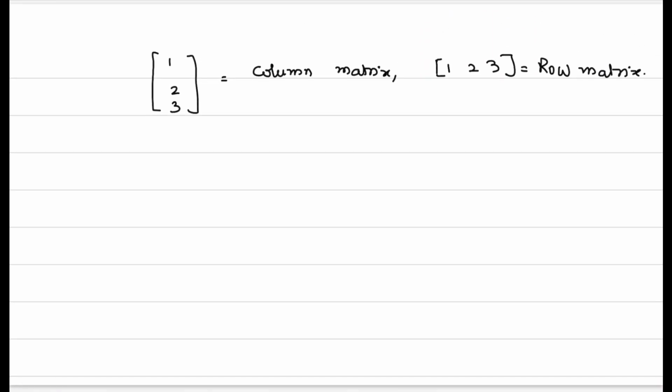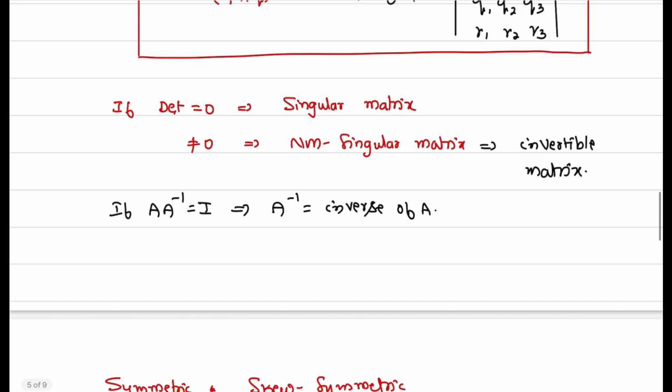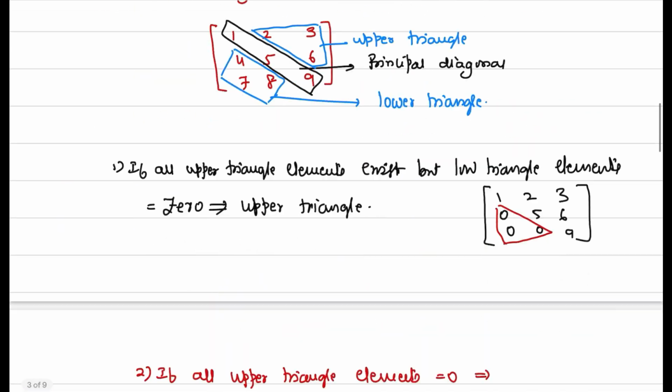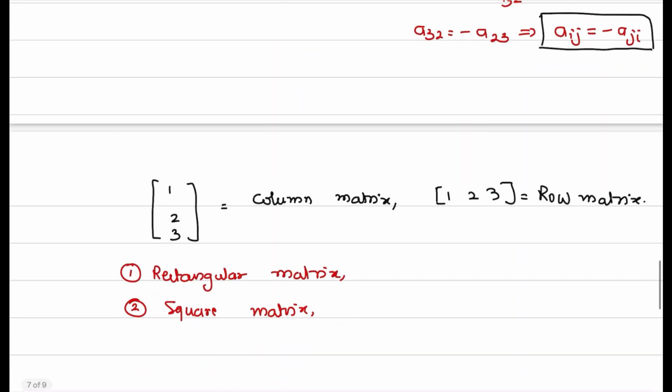One is rectangular matrix, you give some examples. Square matrix, you give some examples, it is your homework. Please give examples other than what I have given you. The matrix can have complex numbers also.